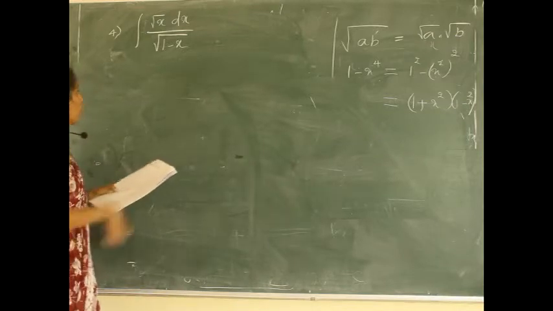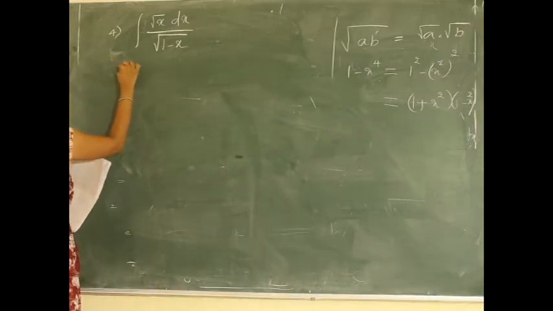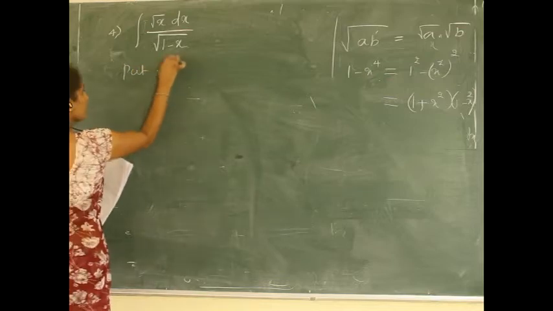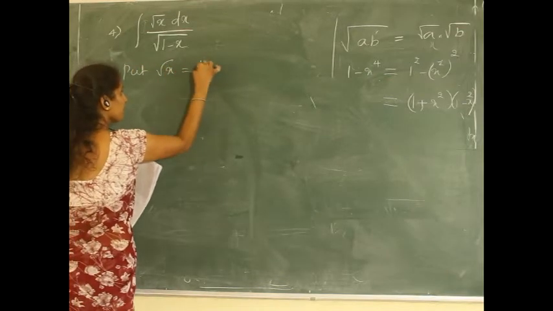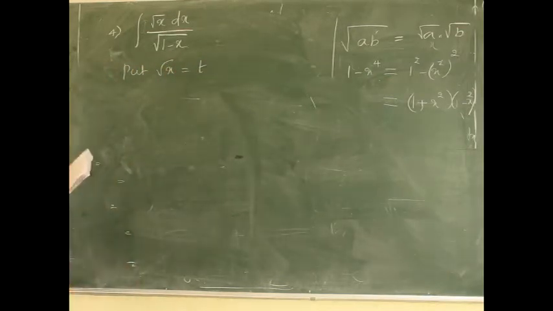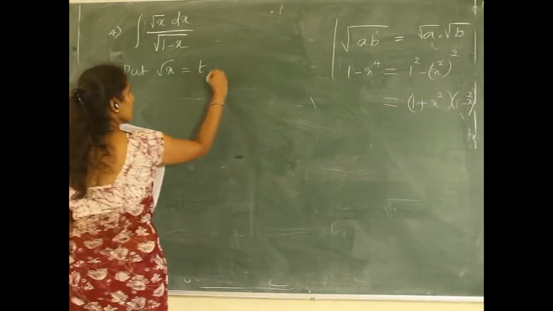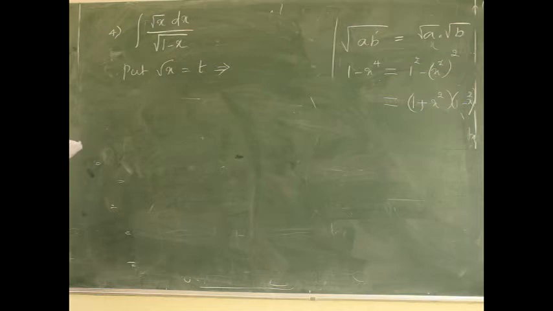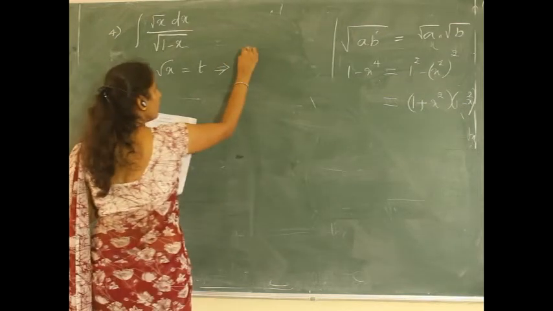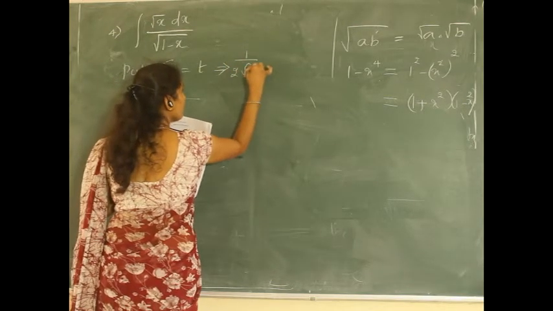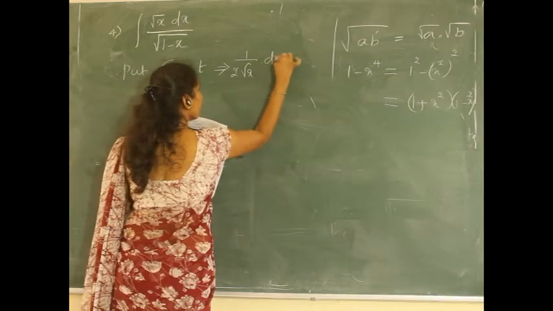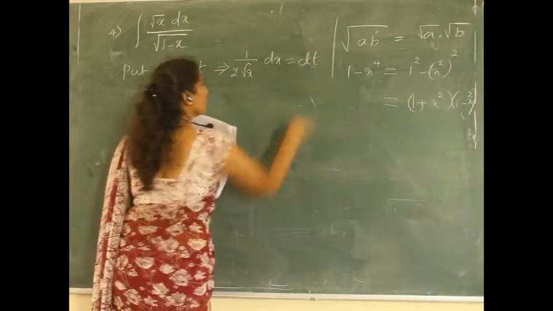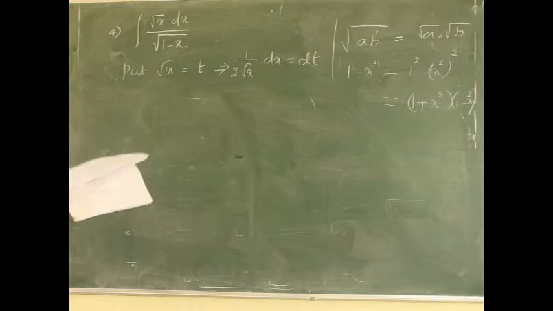To solve, what we have to do is put root x equal to t. If root x equal to t, then we have to find the derivative of this. So the derivative of root x is 1 by 2 root x, dx is equal to dt.